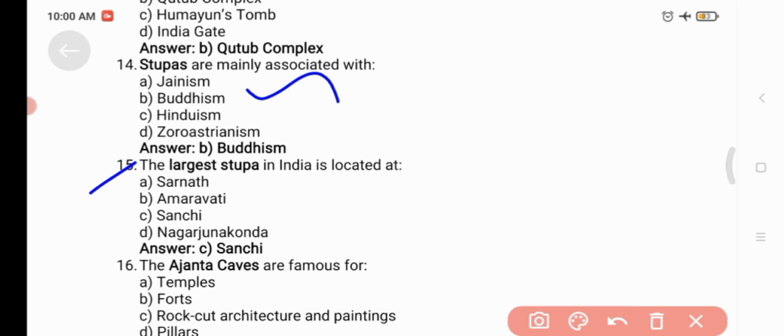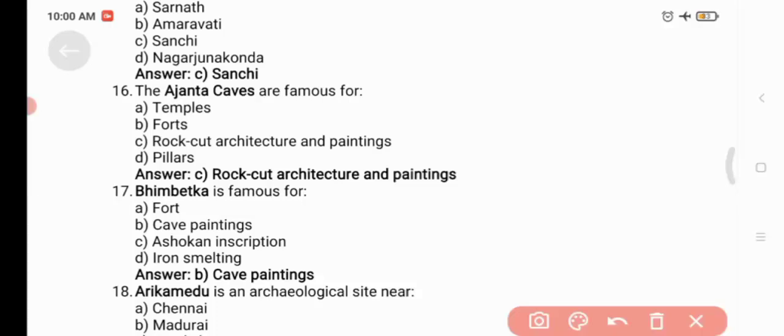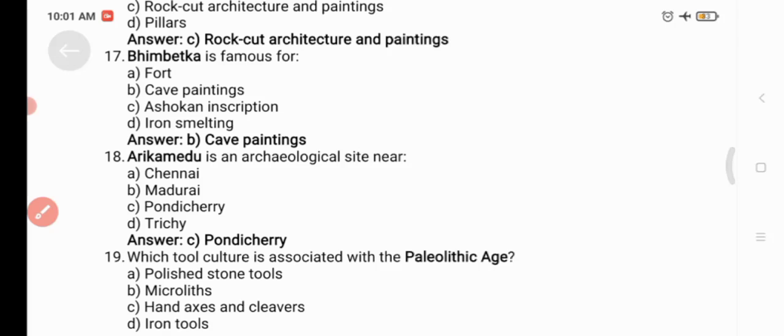The largest stupa in India is located at option C, Sanchi. The Ajanta caves are famous for option C, rock-cut architecture and paintings. Bhimbetka is famous for option B, cave paintings.